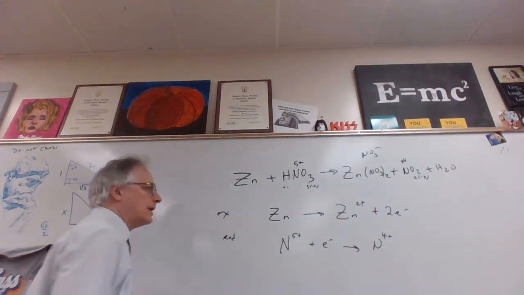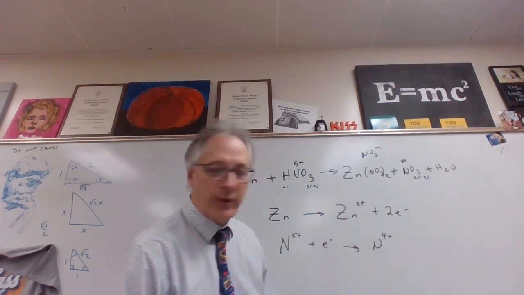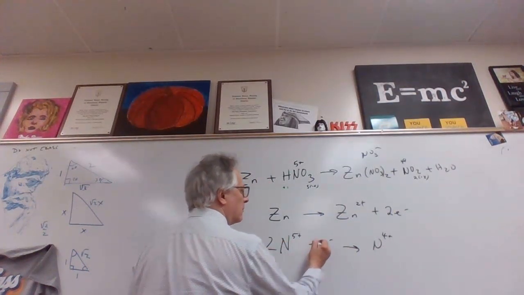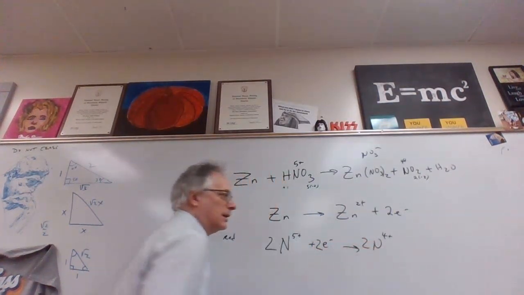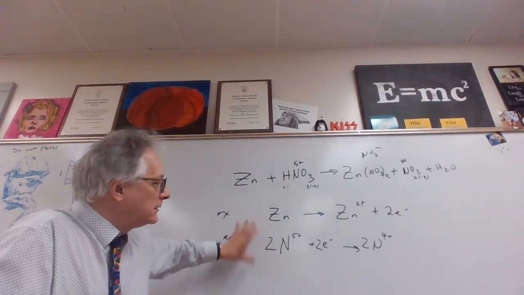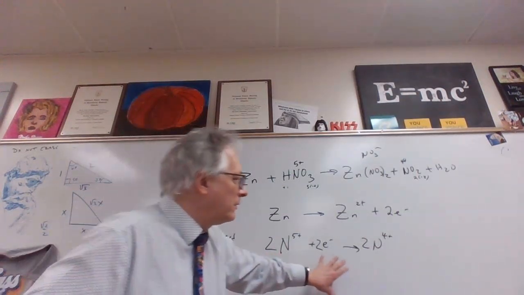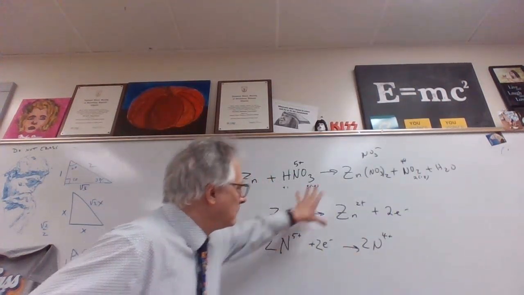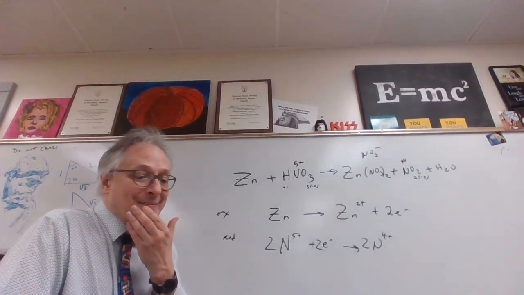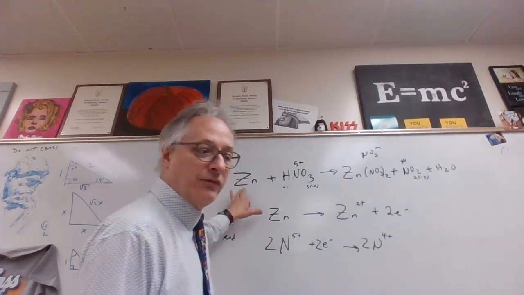reduction. Now, you have to have the same number of electrons in each half reaction. So if I multiply this by 2, I get that. And then I can say, all right, now I can go ahead and think about balancing my chemical equation. So if we do that, you might be saying, well, zinc, I can leave the zinc alone for now.